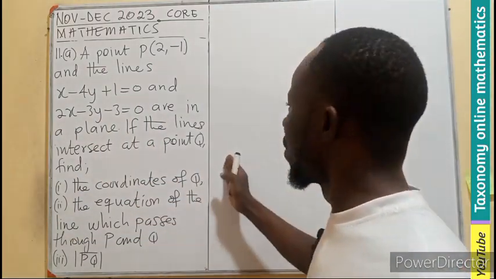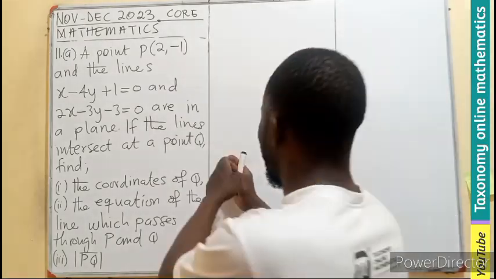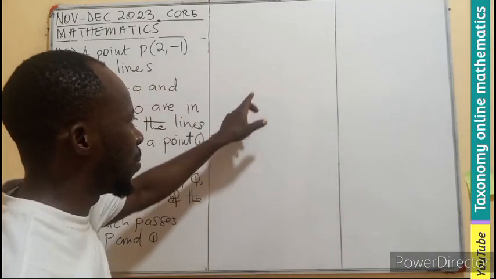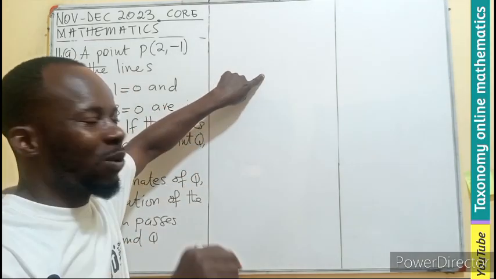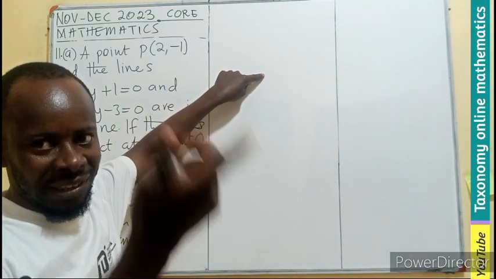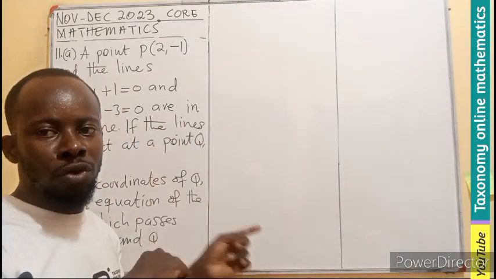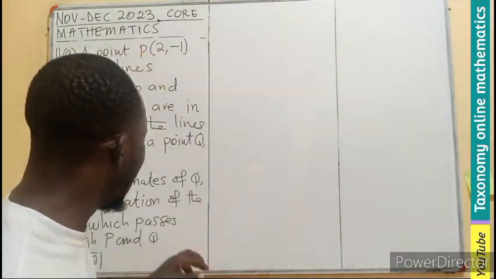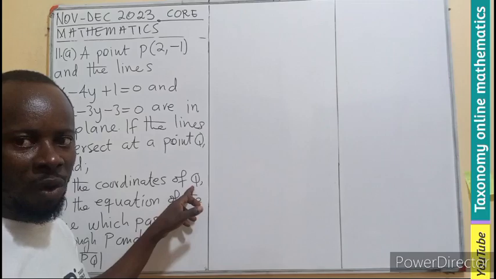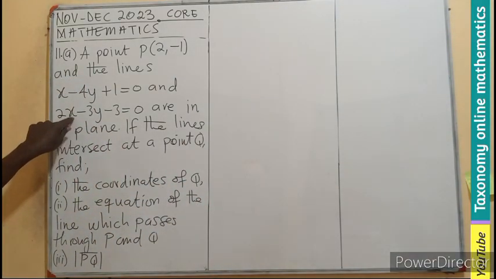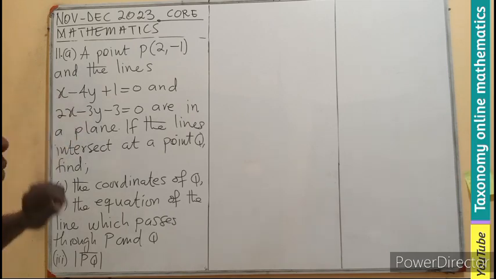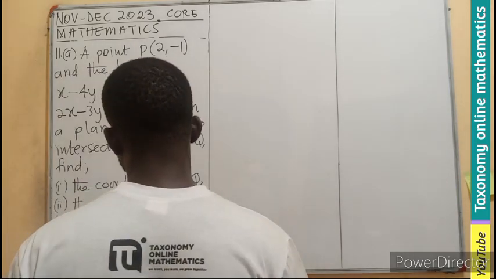So if the first line passes here and the second line passes here, at their point of intersection, the x will belong to both the first line and the second line. The y will also belong to both, and that will give us the point Q. A point is always x and y. So the first thing is to find the values of x and y in these two equations. So we are going to solve it simultaneously.